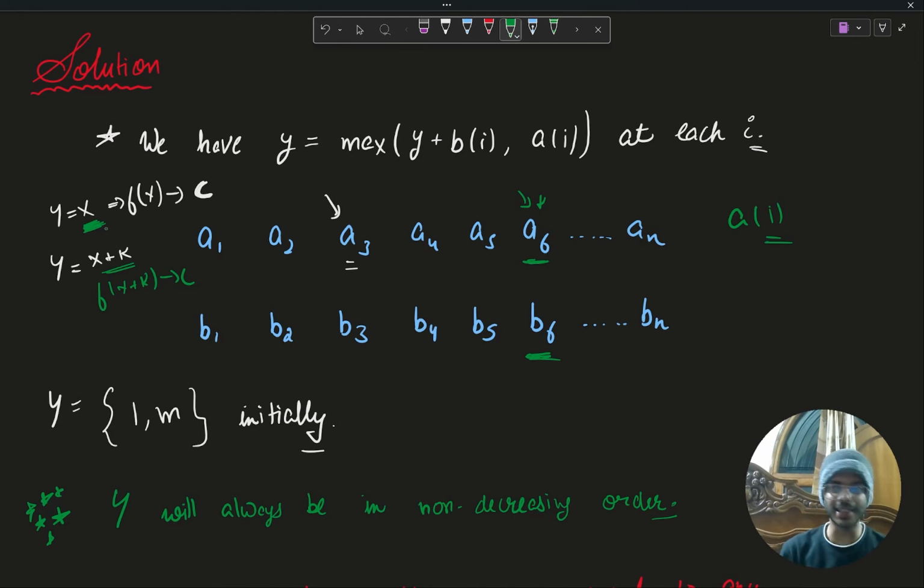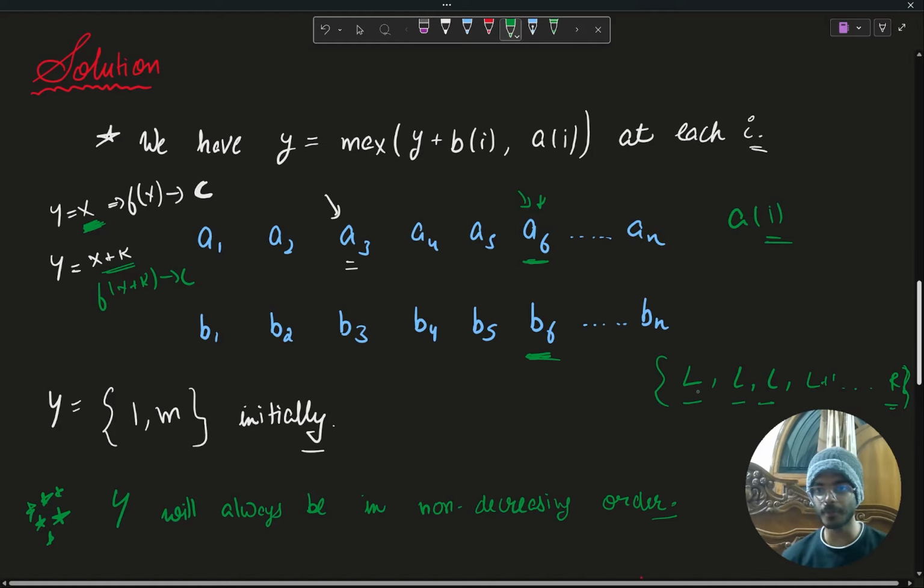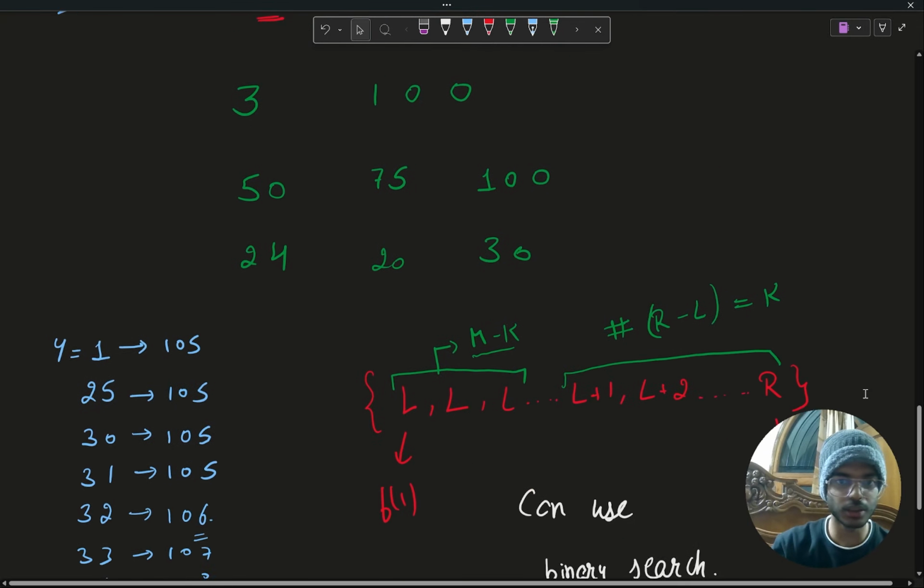And because these x's are consecutive, the numbers would be like L, L, L. So for up till some starting points, the final value of f would be equal to these. Then it would become equal to L plus 1, and then it's always going to be consecutive up till the maximum value. It will be much more clear in 2 minutes.